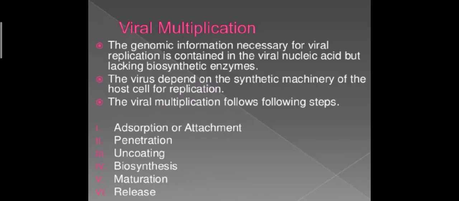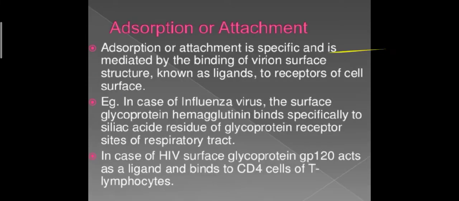So how the virus will multiply or replicate, we'll see the steps undergone for the replication of a particular virus. See, first is attachment or adsorption and penetration. The next step is uncoating, and the next step is biosynthesis, then maturation and release from the host cell. We'll see one by one.